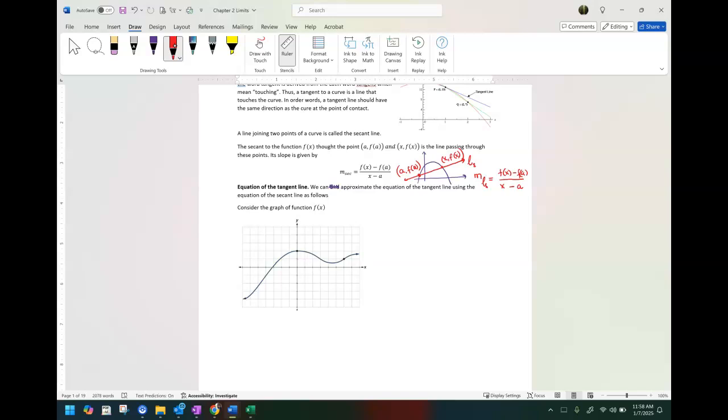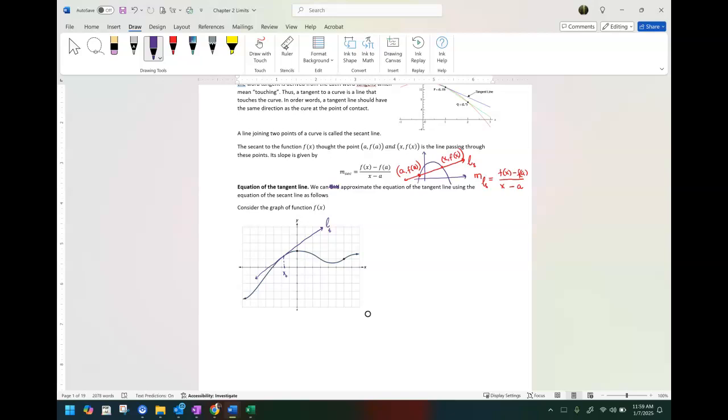We can approximate the equation of the tangent line using the equation of the secant line as follows. Consider this graph that we are given here, let's call that f of x, and we want to estimate the equation of the tangent line passing through the point x naught. Let's go ahead and draw the tangent line, and I'll call that LT for tangent line.